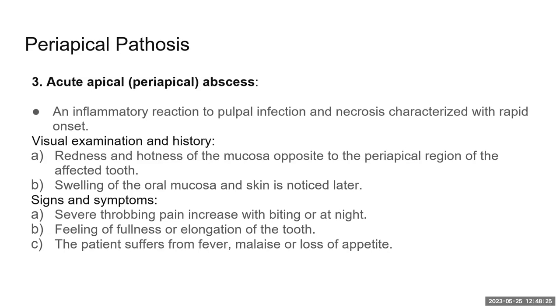The patient will feel fullness or elongation of the tooth as it's surrounded by pus. There is a systemic manifestation; the patient might experience fever, malaise, loss of appetite, lymphadenopathy.